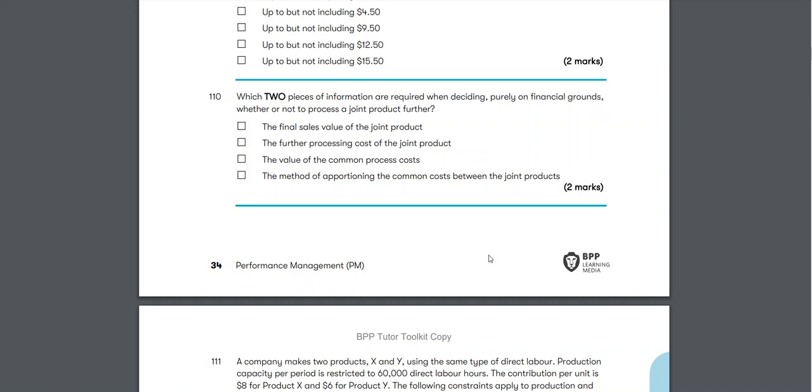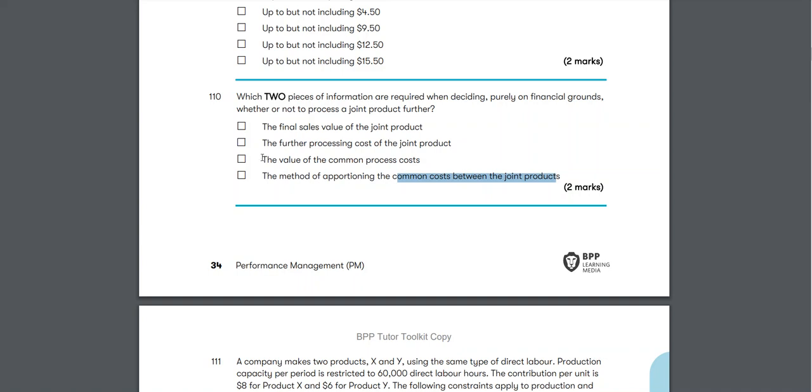The financial consideration, we just look at the extra cost versus extra benefit. So which of the following are important if we are making decision on financial ground? The final sales value of the joint product, further processing cost of the joint product, value of the common process, the method of apportioning common cost between joint products.